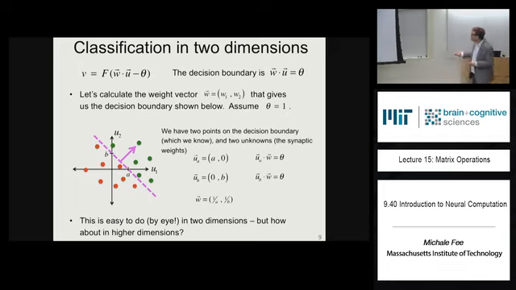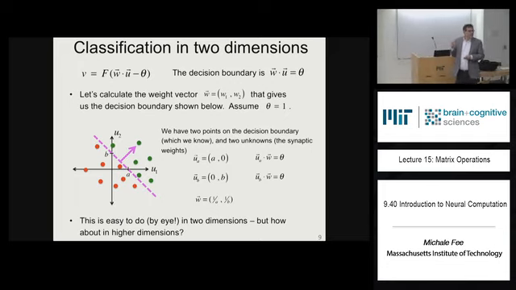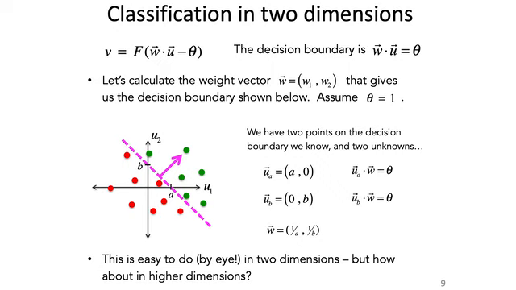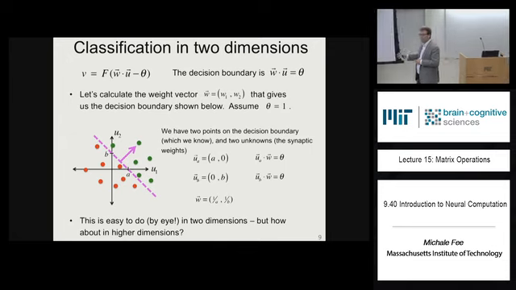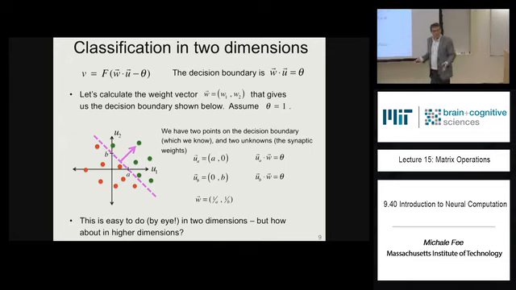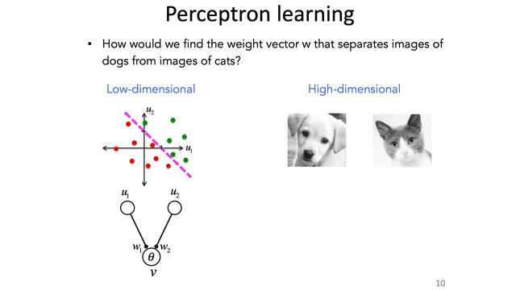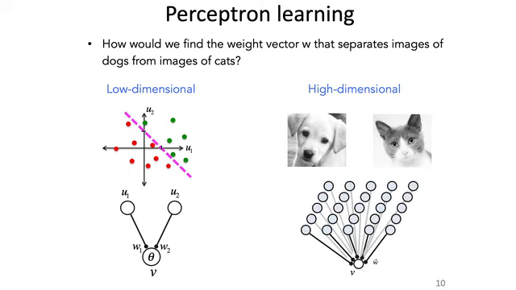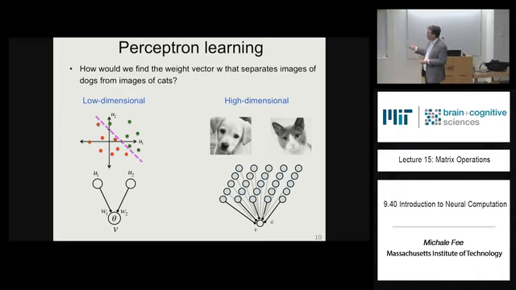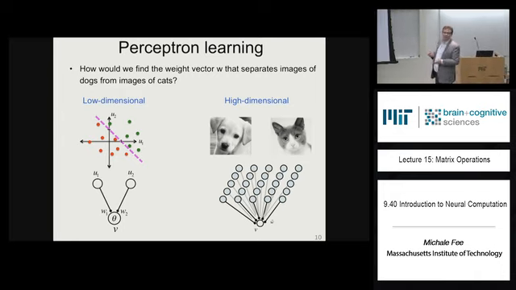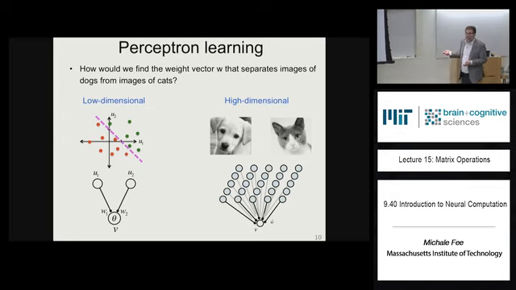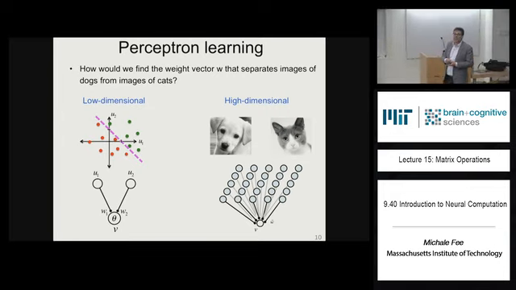Okay. So in 2 dimensions, that's very easy to do, right? You can just look at that cloud of points and decide where to draw a line that best separates the 2 categories you're interested in separating. But in higher dimensions, that's really hard. For example, we might be trying to separate images. We can have a bunch of images of dogs and a bunch of images of cats. Each pixel in that image corresponds to a different input to our classification unit.